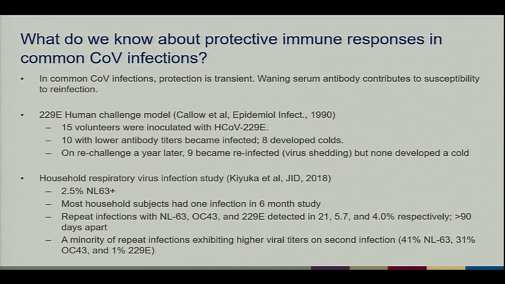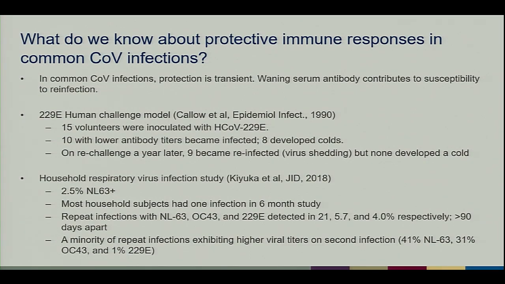So in common coronavirus infections, we know that there is protection, but protection can be transient, and that waning serum neutralizing antibodies may contribute to susceptibility to reinfection. There are 2 papers that I've discussed here. One is about the 229E human challenge model that was performed in the late 1980s, early 1990s. In this study, 15 volunteers were inoculated with 229E.